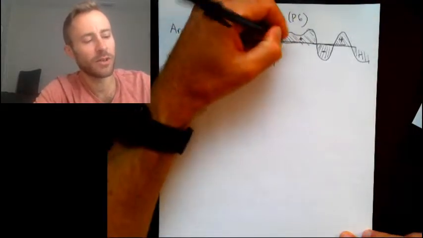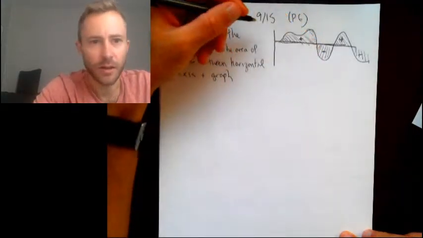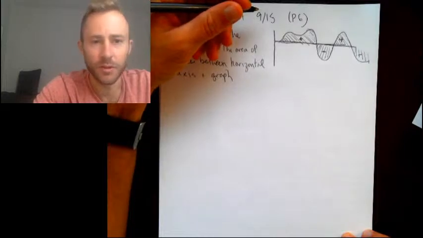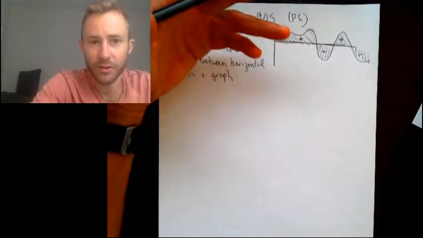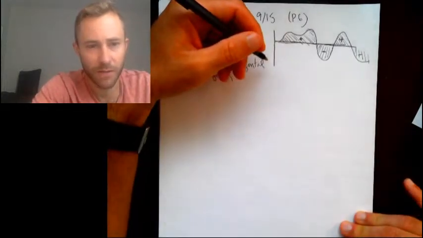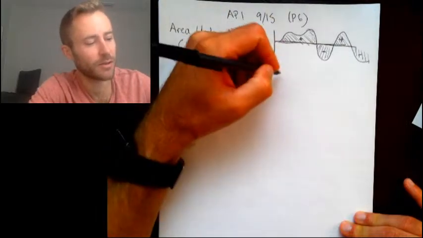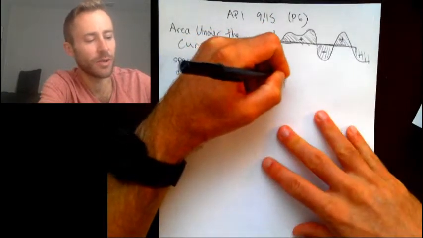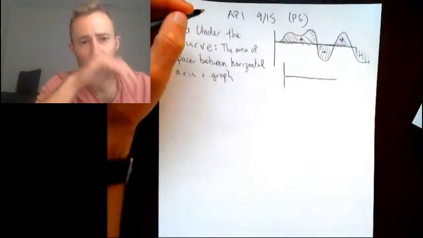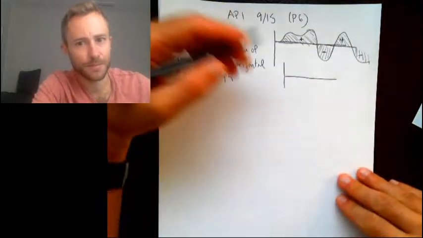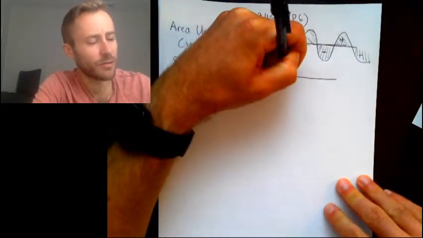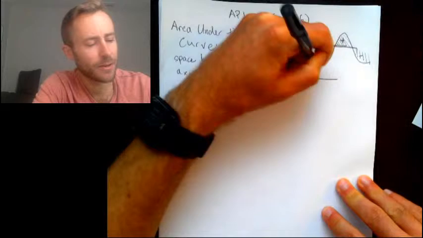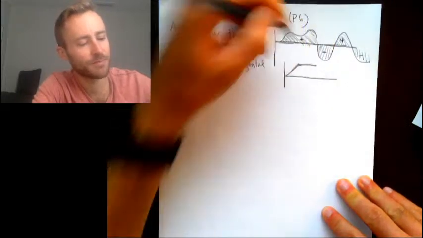Now, if you have a wiggly line like this, you would have to use what's called calculus to figure that out, but we're not going to have that in this class. This is not a calculus-based class. So when we do the area under the curve, I will always give you things like line segments.